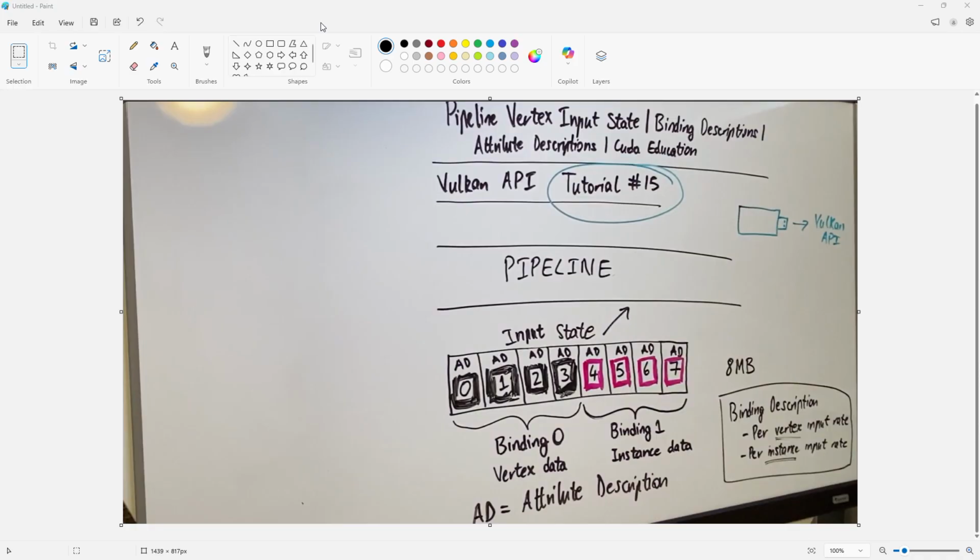One of the things that's important for us to really get a grasp of is the processing of data inside of the buffer, right?